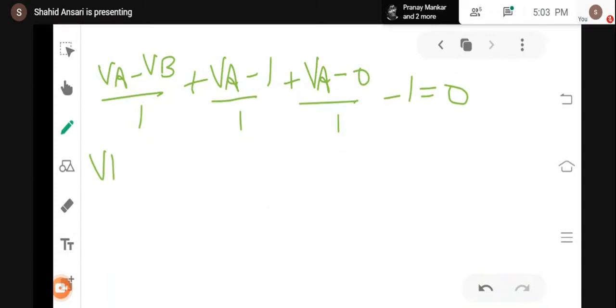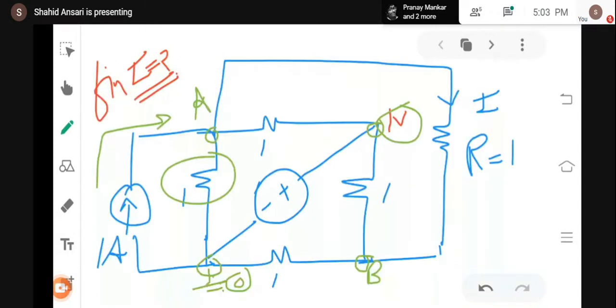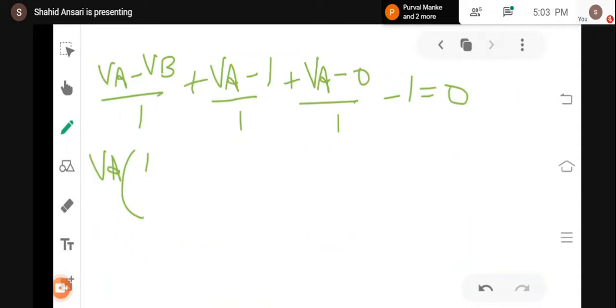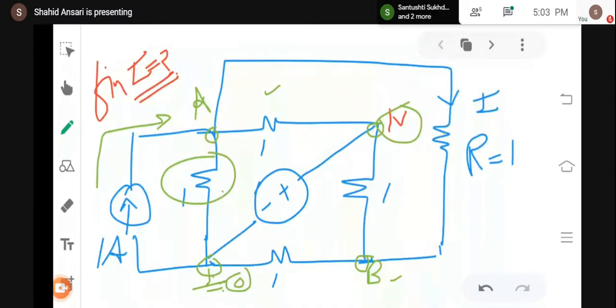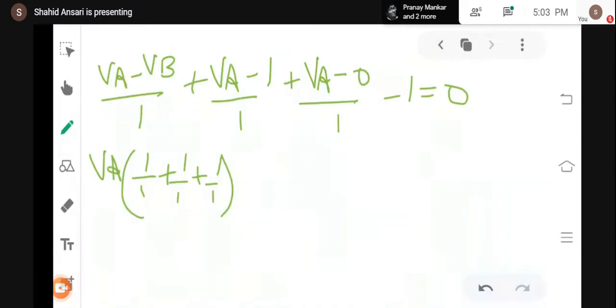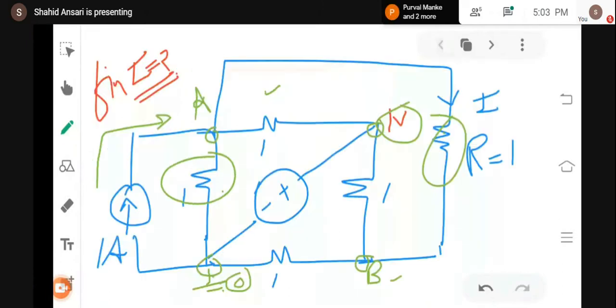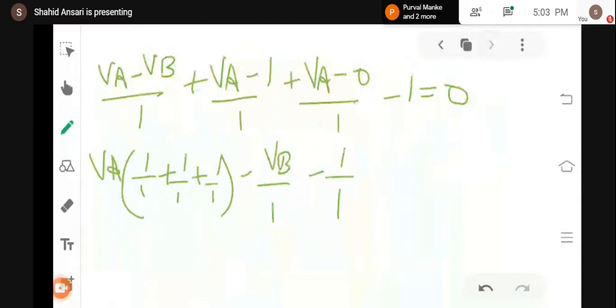Instead of this, you could have directly written VA with the elements connected to A, 1, 2, and 3, so 1 by 1, 1 by 1, 1 by 1, the reciprocal of all. Then minus VB divided by 1, then minus of 1 divided by 1, and for the current source, minus 1.